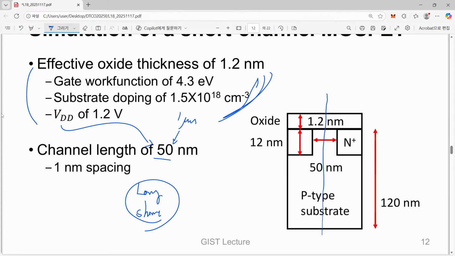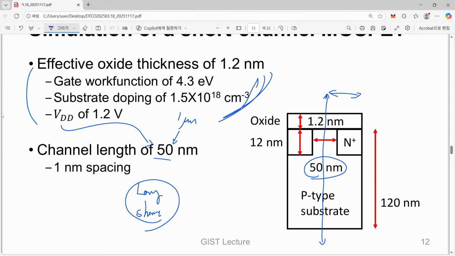Actually, this vertical structure determines short and long. If that vertical structure is scaled, then the lateral length is also scaled. If you want an even shorter device, then you also have to scale down the vertical one.